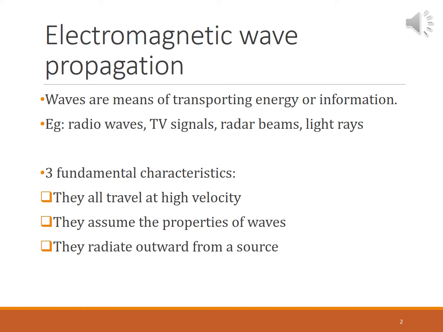And electromagnetic waves always radiate outwards from the source. Source means the particular point or the cause that is responsible for generating the electromagnetic wave. So these are three fundamental characteristics of electromagnetic waves.